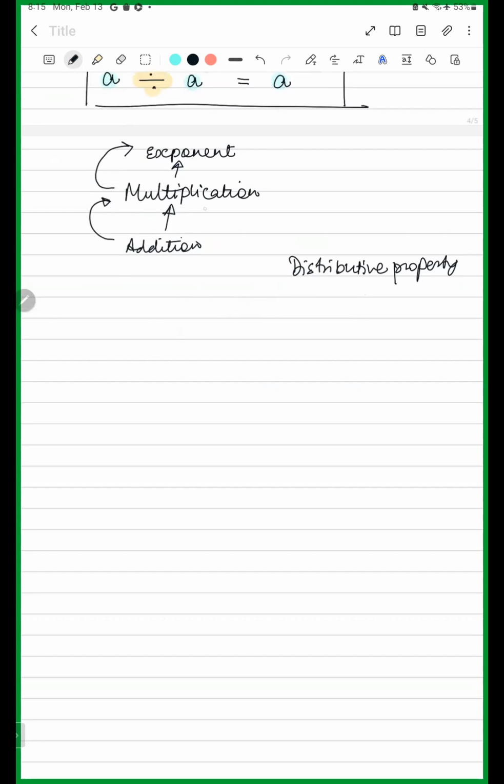Let me give you an example from multiplication first. Let's say you had a plus b and you're multiplying this with, let's say, 5. So what does this become? a into 5 plus b into 5, right?